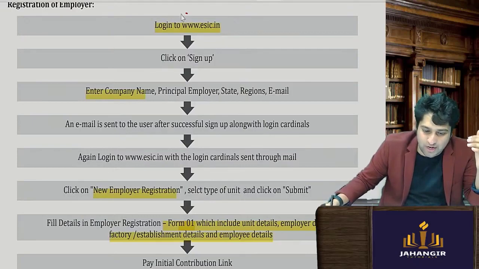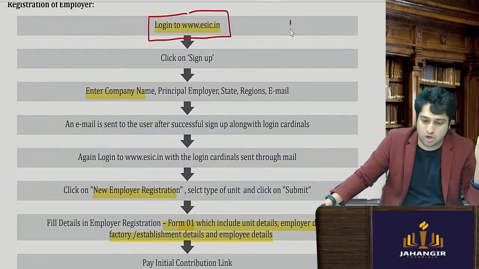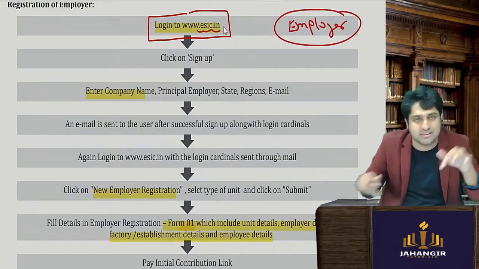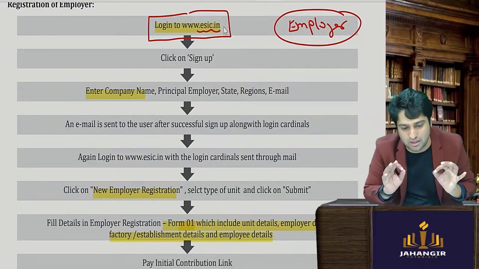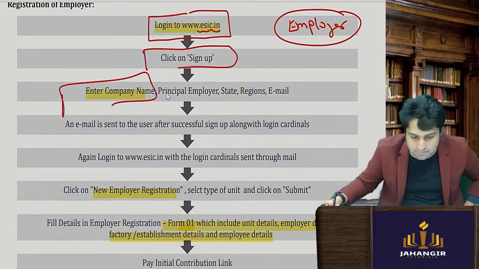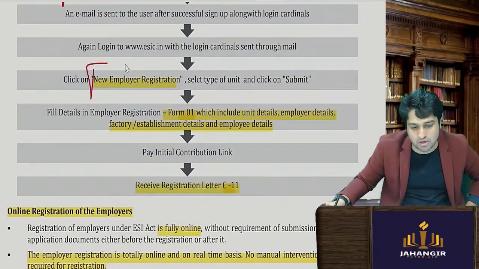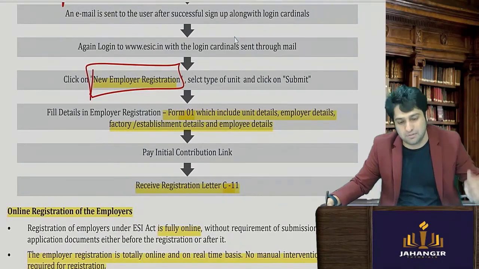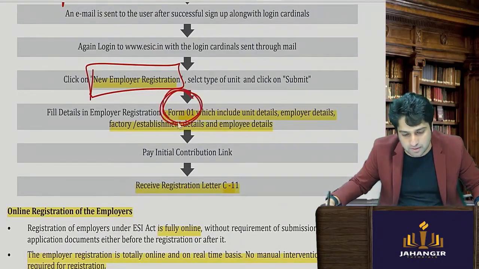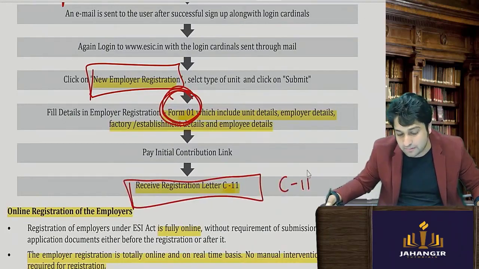Next is how to register under ESI. Now in ESI the employee obviously has no knowledge, so it all starts with the employer. The employer will go to the esic.in site and sign up. He will put in his company name and employer details. He will get a new employer registration, obviously in Form 1, with all the details, and he will receive a certificate in C11.